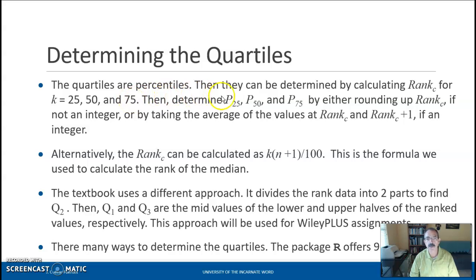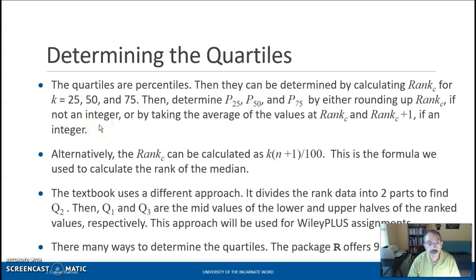And then we determine P25, the 25th percentile, which is Q1, P50, which is Q2, and P75, which is Q3, by either rounding up the calculated rank, if it is not an integer, or by taking the average of the rank and the rank plus 1 if it is an integer.